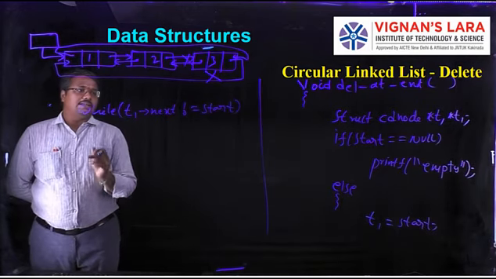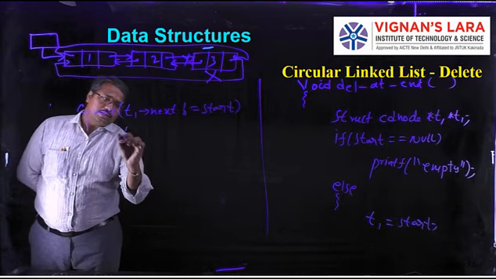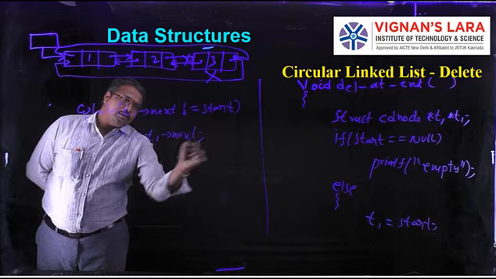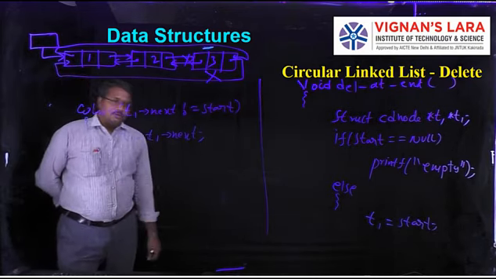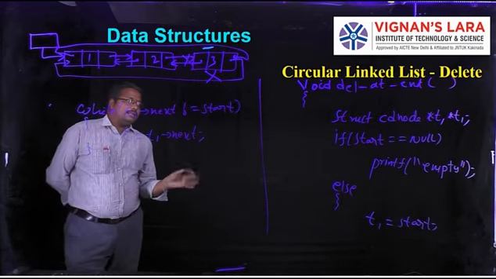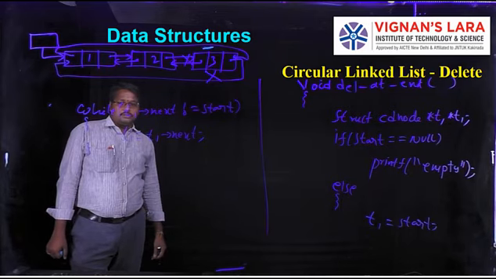Okay, so while T1 of next not equal to start, T1 is equal to T1 of next. Okay, so next what I have to do? So right now the last node address is in T1.